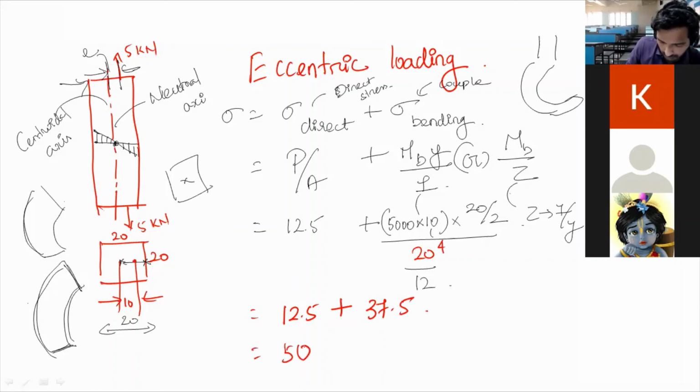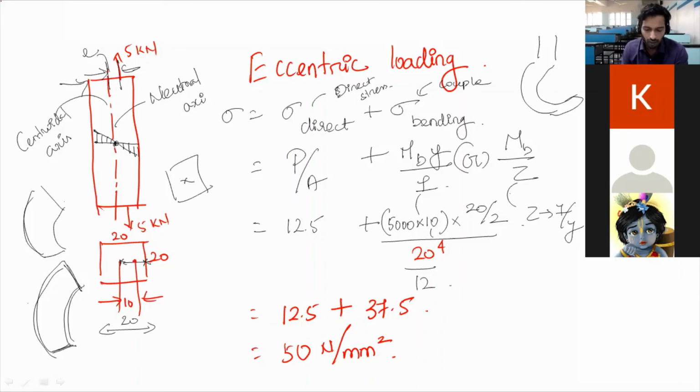Okay, so you have to understand this. The force does not act at the center but acts off-center like this, so notice how many times more stress acts. Even when it acts slightly off-center, this much stress is produced. That's why eccentric loading is very dangerous.